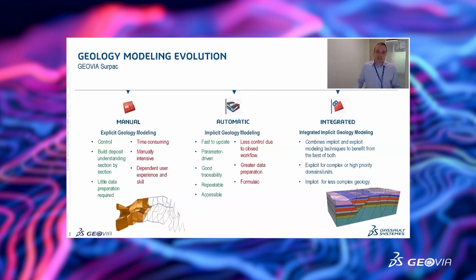In recent years, over the last decade or so, we've seen the advent of implicit modeling, where we feed our geoscience data into an implicit modeler, and then it can generate geological models automatically with predefined settings.